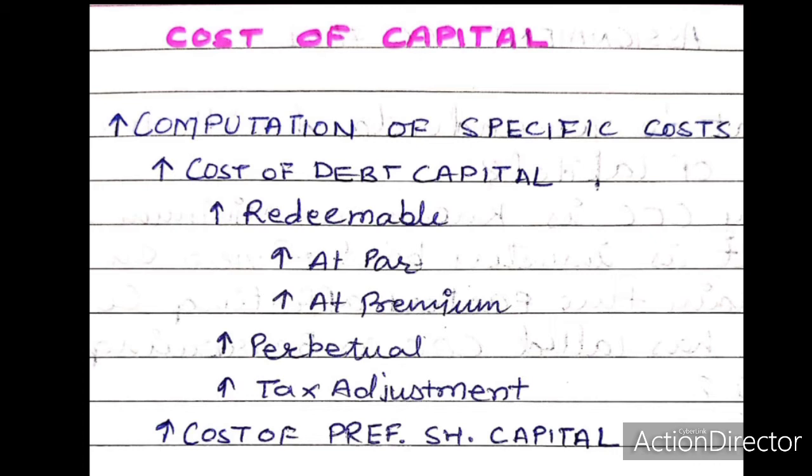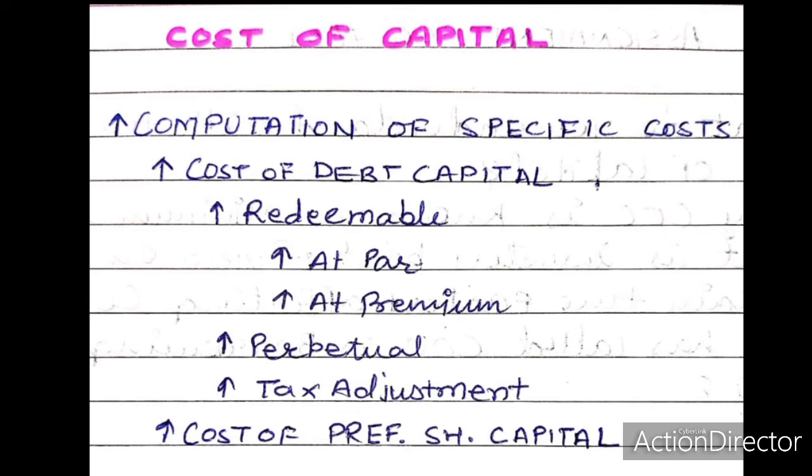Here we have some different cases, like when debentures are issued at discount, when debentures are issued at par, when debentures are issued at premium and redeemed at par on maturity, and if debentures are redeemable at premium.